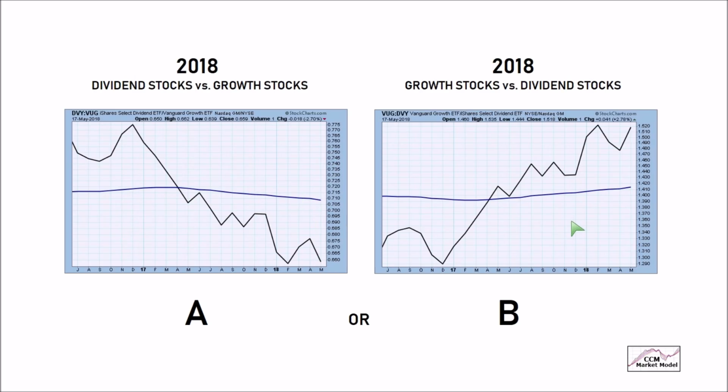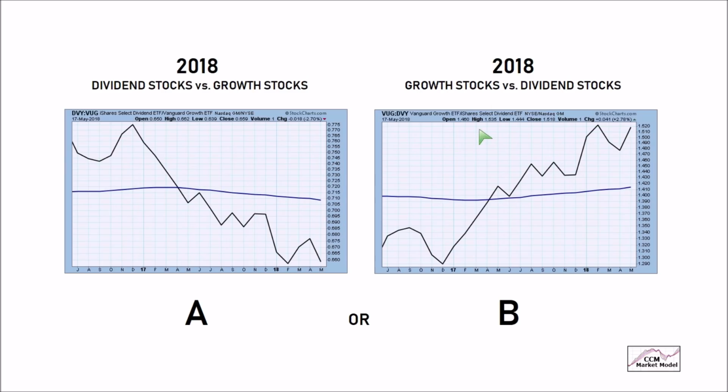If we flip it around, growth stocks relative to dividend payers, we were below a downward sloping long-term monthly moving average. Now we're above an upward sloping, positive long-term moving average.